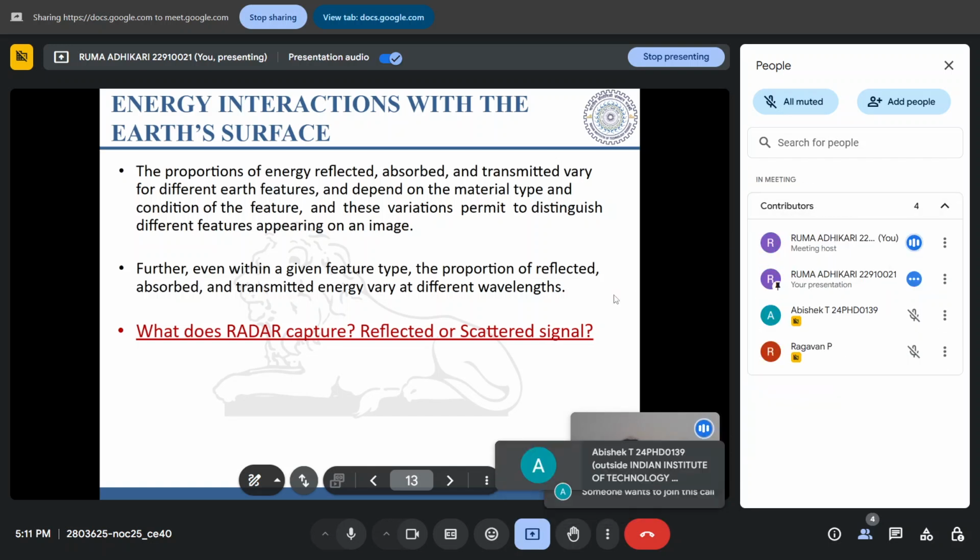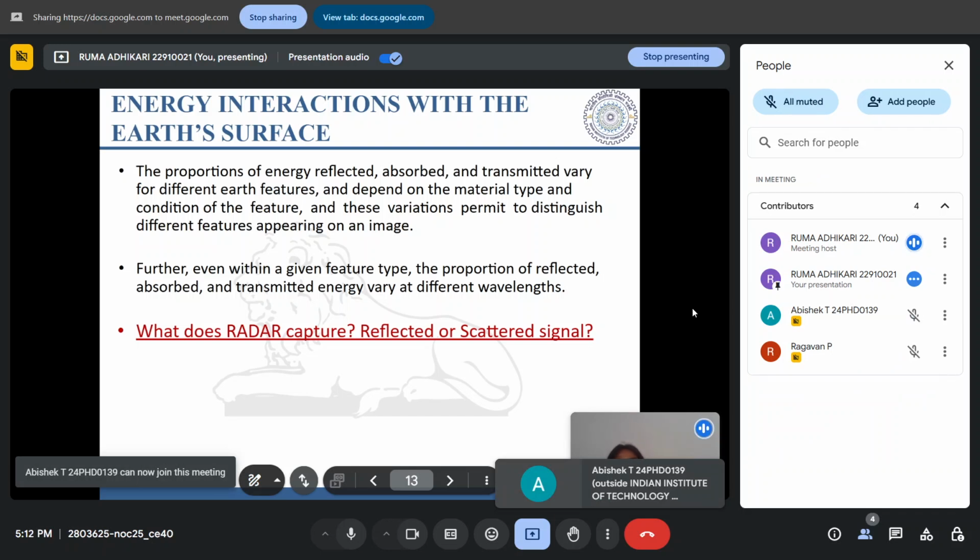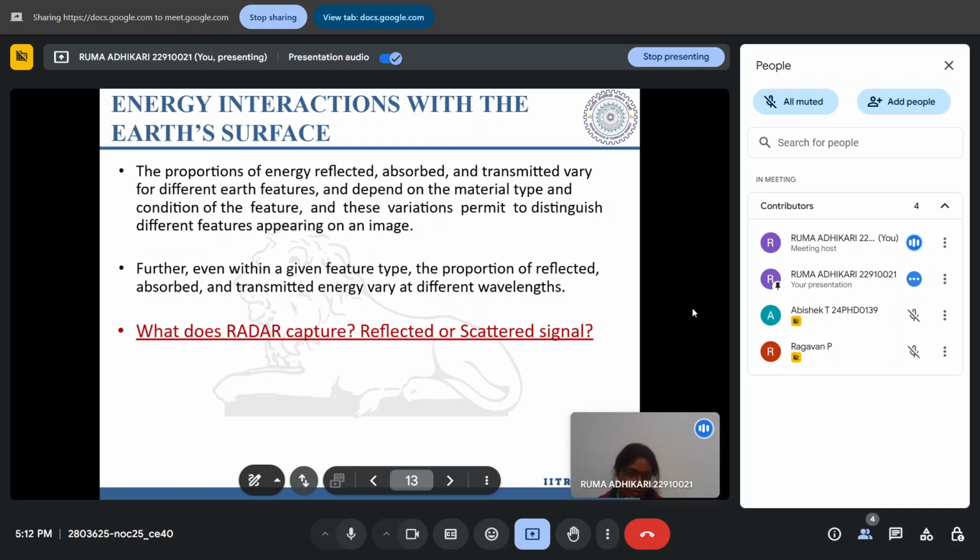It takes only that portion of the scattered signal that is directed backwards to the sensor. So to understand radar, it is very important to know which energy it captures or senses from a target.